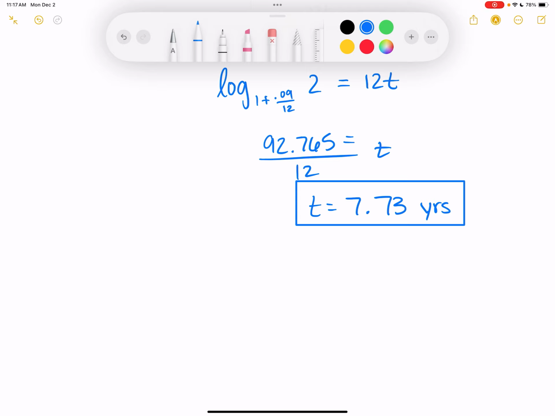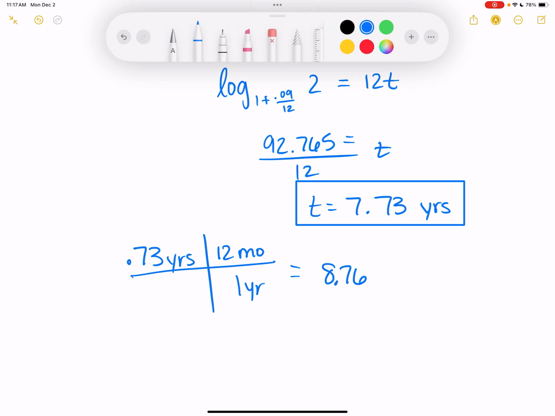Any idea what we need to do with that? Yep, multiply by 12, so 12 months in a year. So 0.73 times 12 is what? 8.76 months.